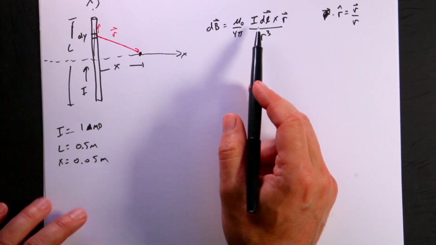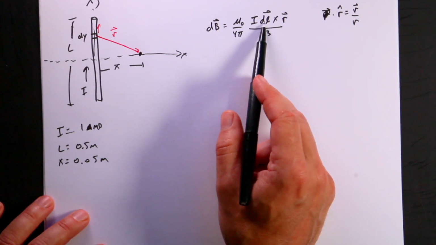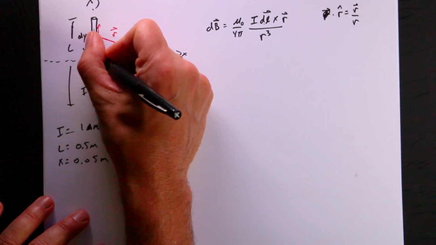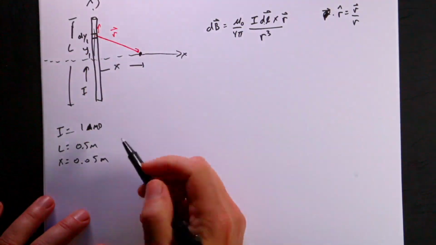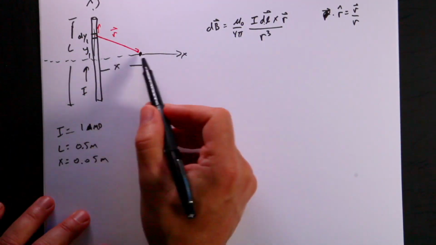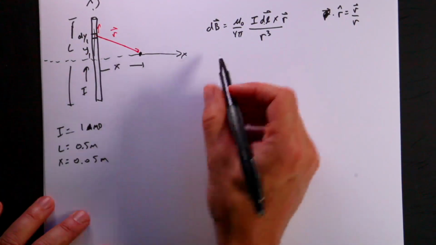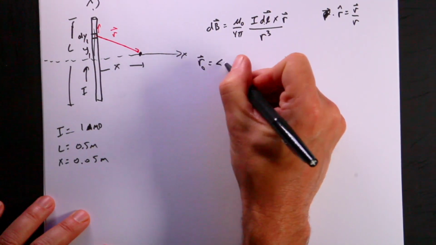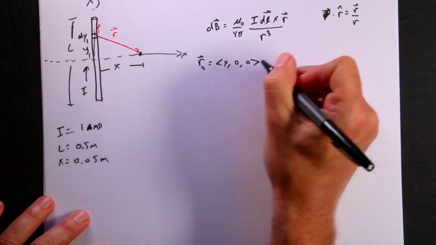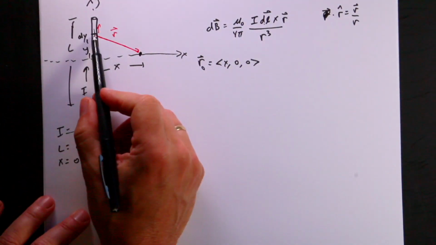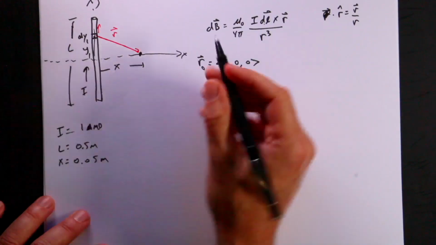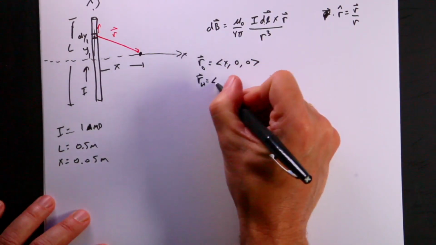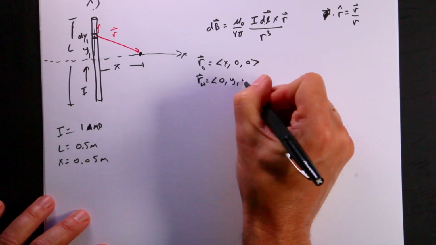So if I have the cross product, I'm just going to do this the long way. Let's write dl and r as a vector. So this is actually the location, the distance y up the thing, and that's a value x over. So I can say my observation location, I'll call that r_O, is going to be the vector x, 0, 0. And then my piece up here, which I'll call r_wire, is going to be equal to 0, y, 0.